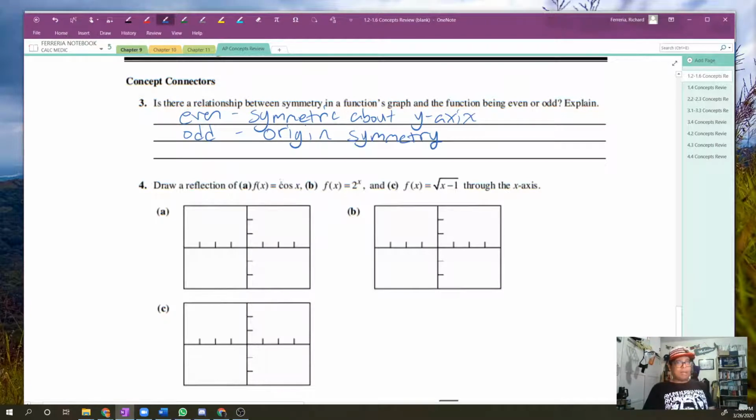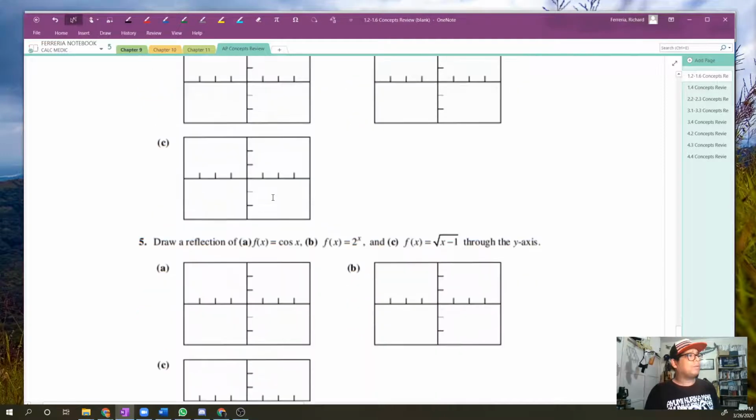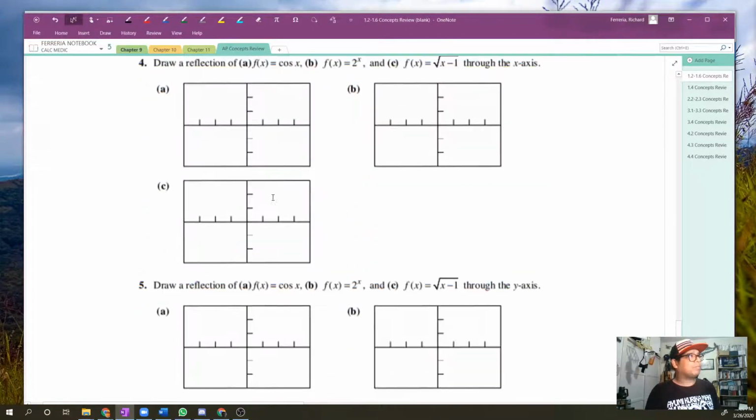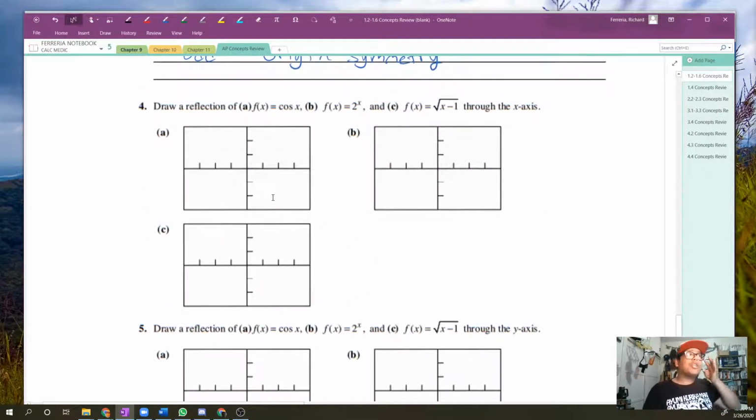So, finishing up here, hopefully finishing up, let's see. Now we've got a couple more. Draw the reflection of cosine x through the x-axis.